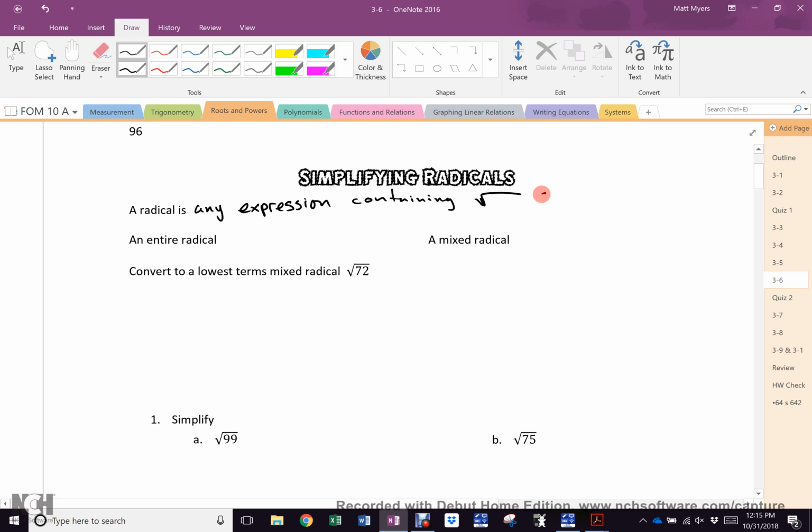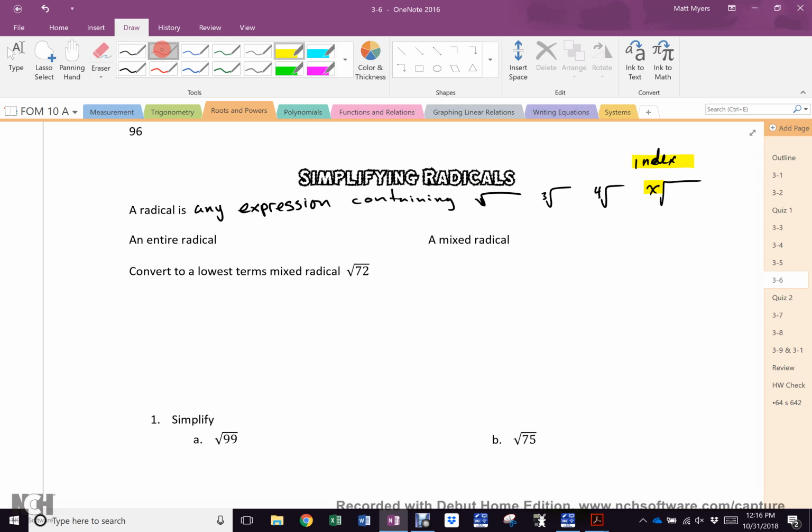It can be a cubed root. It can be a fourth root, and so on and so on, up to the x root. This little number, I have told you what its name is. It is the index. And it tells you the size of root you need.